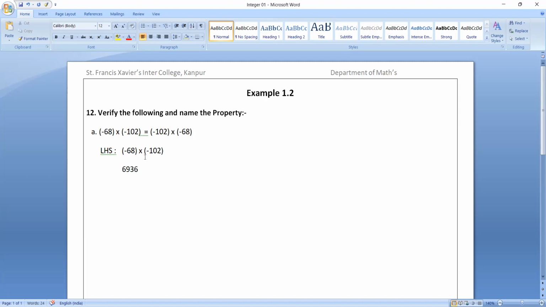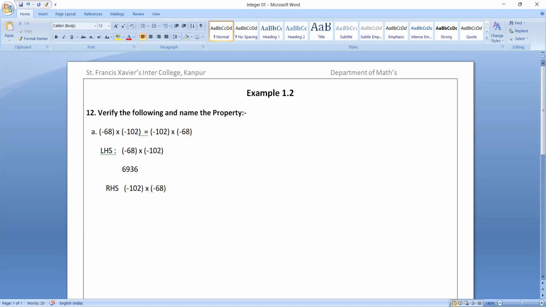This is the answer. And now let's take the right hand side, RHS. Now we multiply minus 102 with minus 68.